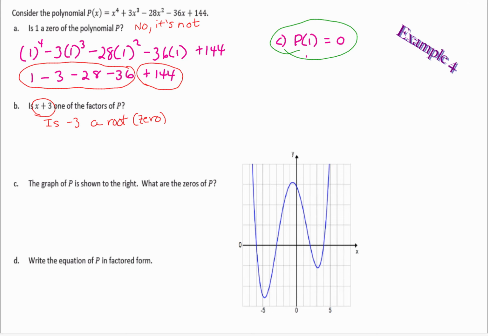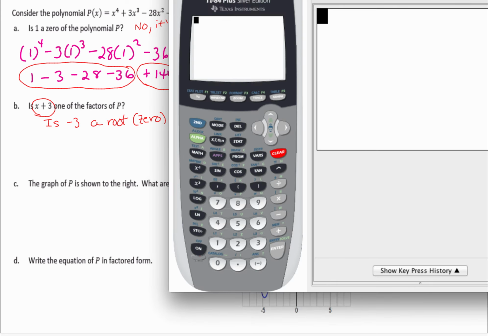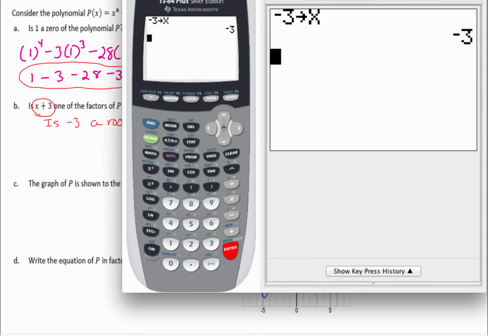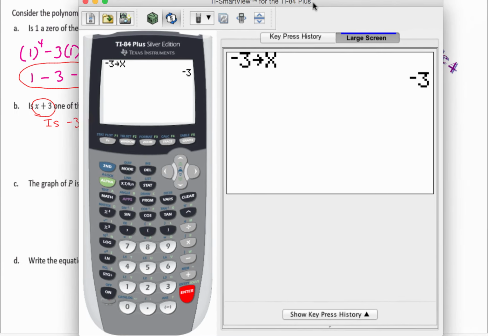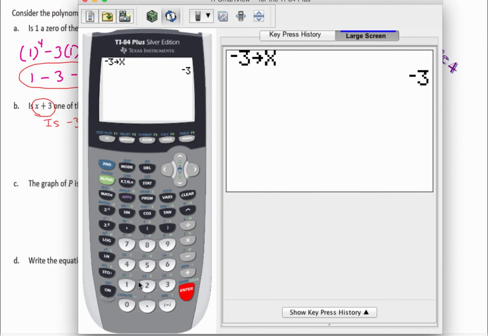So I'm going to review with you a quick way to do it on your calculator. One way to do it, since you're going to be testing multiple roots, is to take your possible root, which in this case is a negative 3, store it to the x variable, and then press enter. So now it's stored. The next thing you're going to do is just type in your equation.